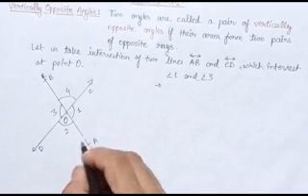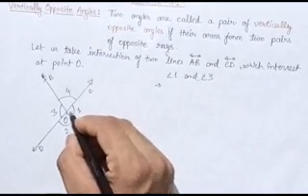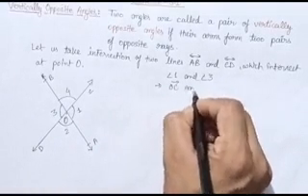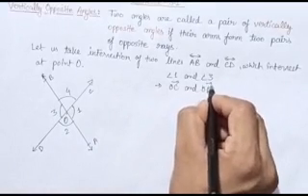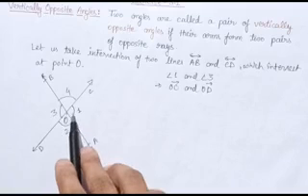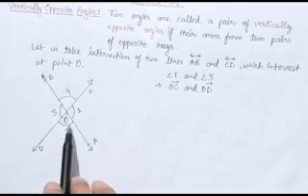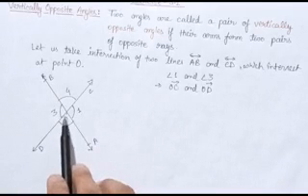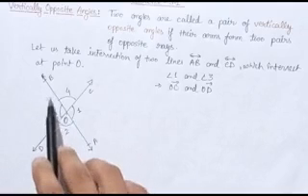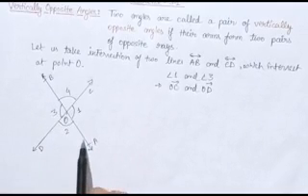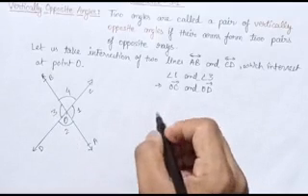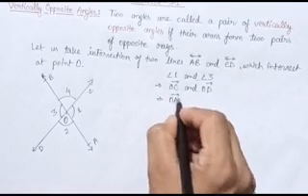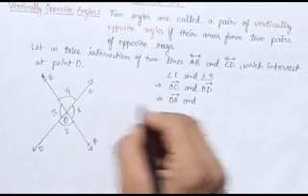So the first pair of opposite rays for angle 1 and angle 3 is OC and OD. Again, the two rays OA of angle 1 and OB of angle 3 form a pair of opposite rays. So we can write OA and OB.